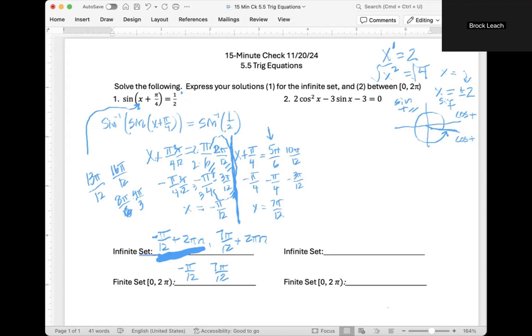Because it's the other angle that gives us that value, right? If you go pi minus pi over 6, this is 6 pi over 6, minus pi over 6 gives us 5 pi over 6. Right? That's your other angle.